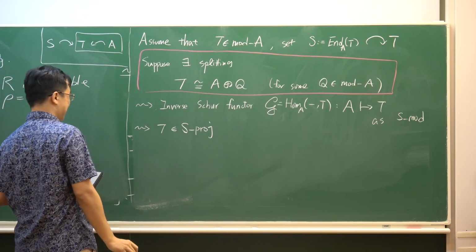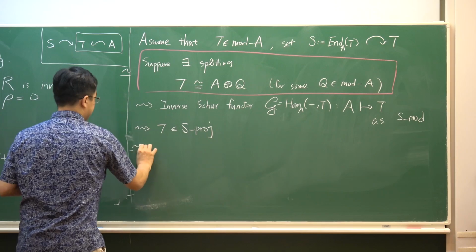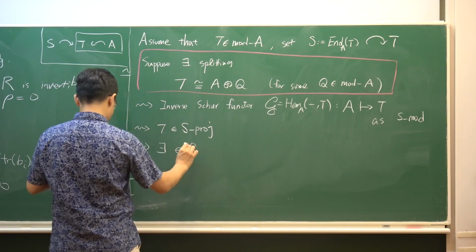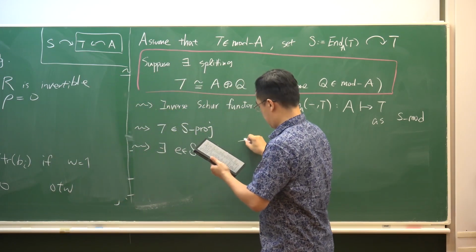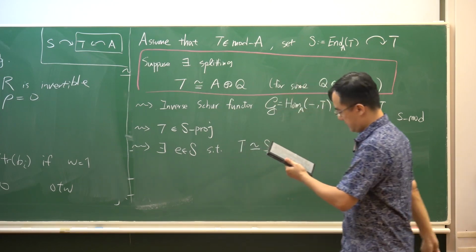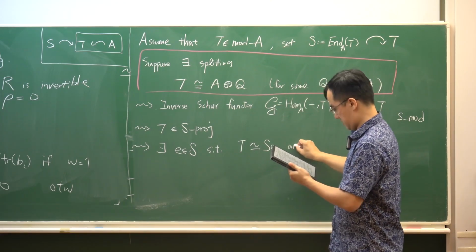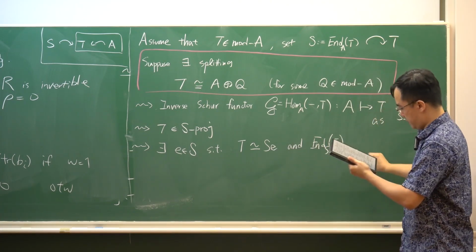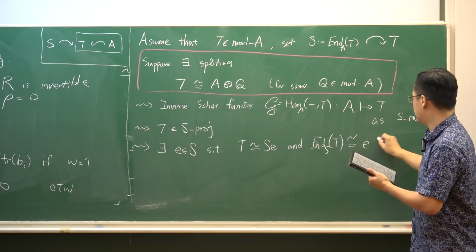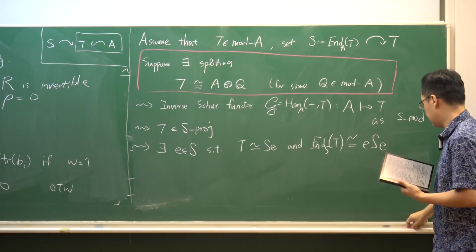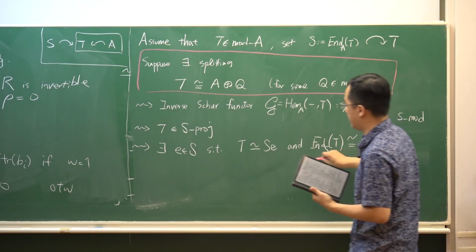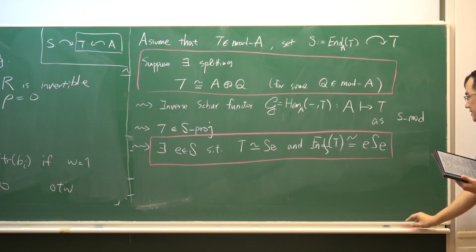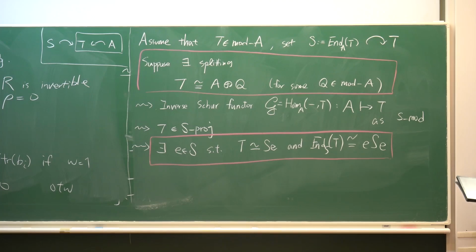This is some homological formality. The second statement is there is an idempotent E in S such that T is isomorphic to SE, and the centralizing partner is isomorphic to ESE.